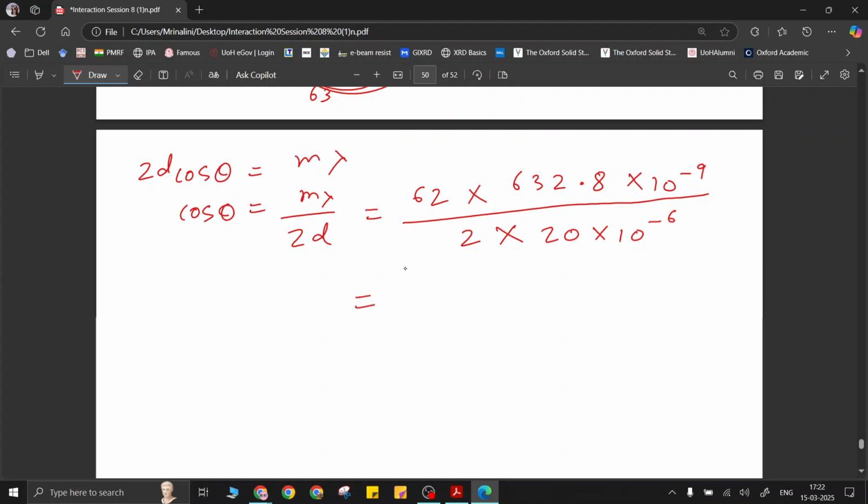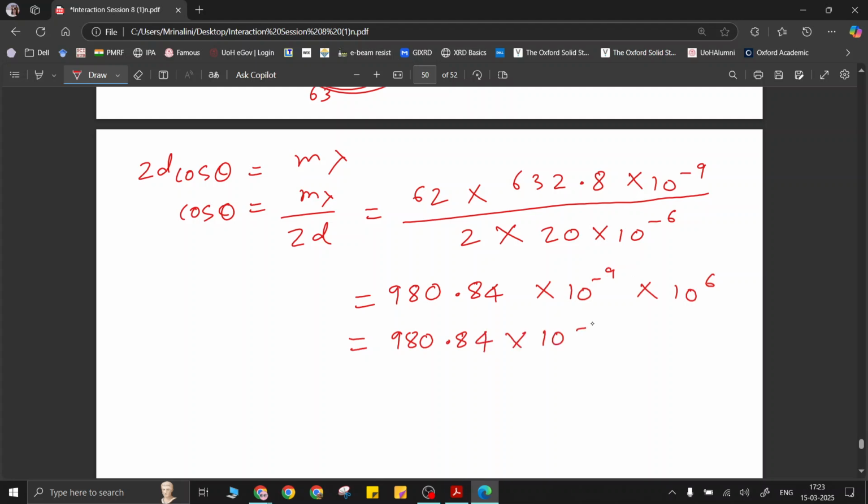When we evaluate all this, we get 62 multiplied by 632.8 divided by 2 divided by 20. This will be 90.84 multiplied by 10 to the power minus 9 and multiplied by 10 to the power 6. This will be 980.84, and 6 minus 9 is 10 to the power minus 3.